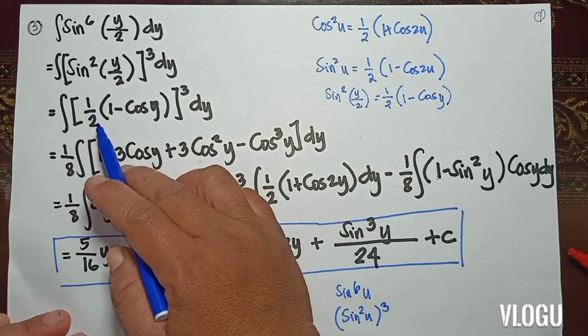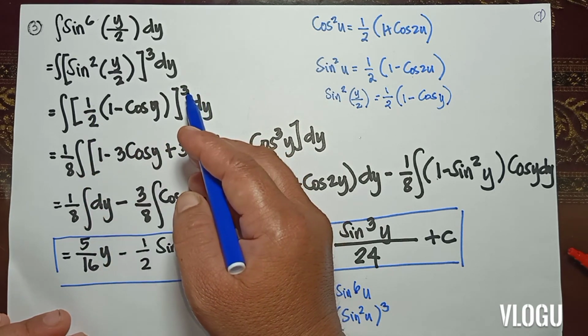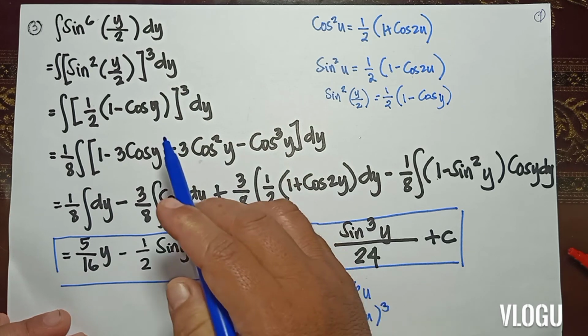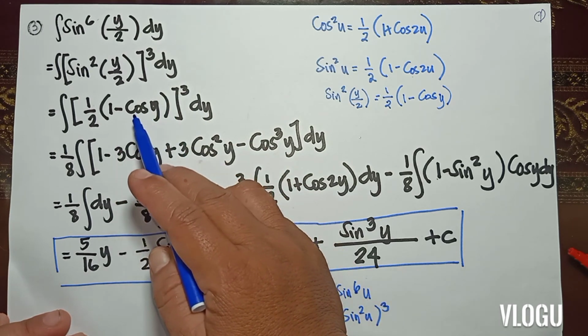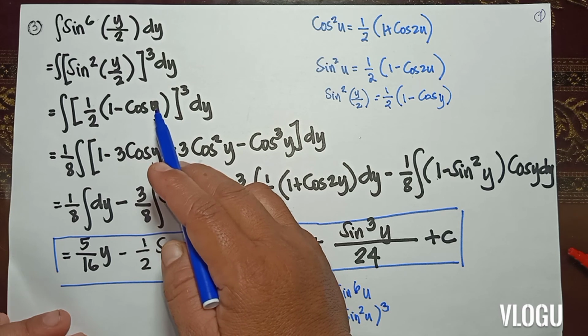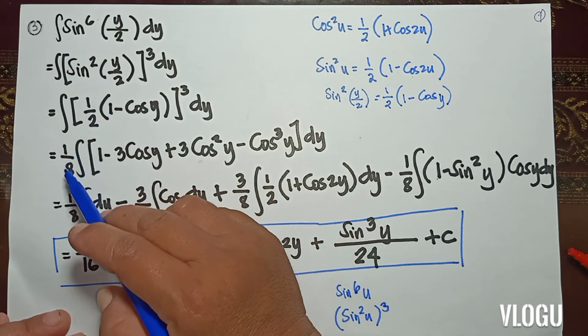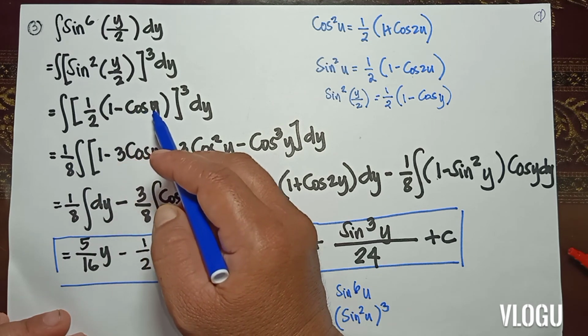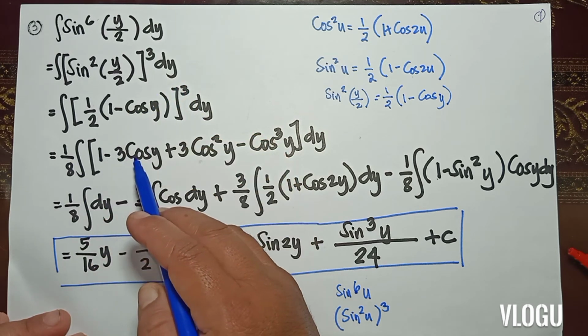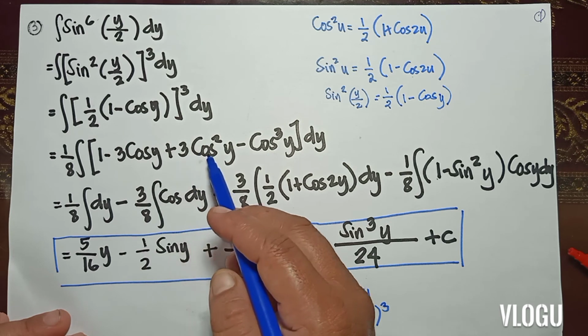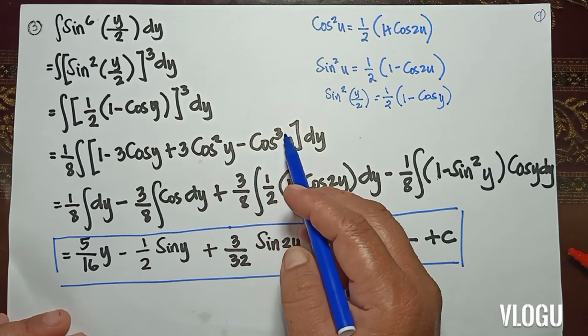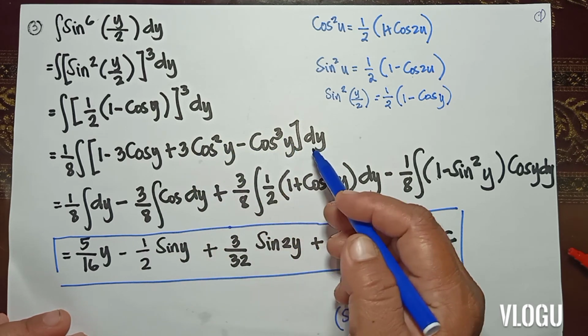1/2 outside to the cube. Then if you are going to expand 1 minus cosine y cube, 1/2 raised cube is 1 over 8. 1 minus cosine y cube, you will have 1 minus 3 cosine y plus 3 cosine squared y minus cosine cube y dy.